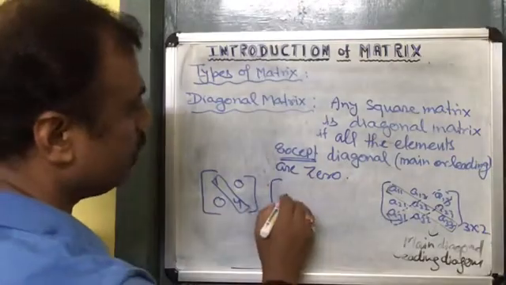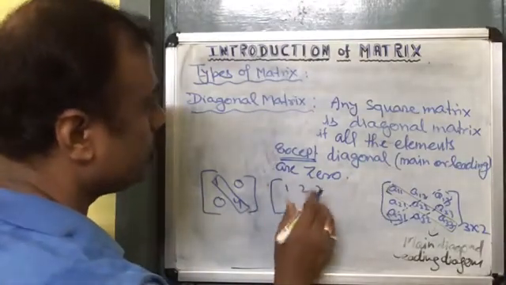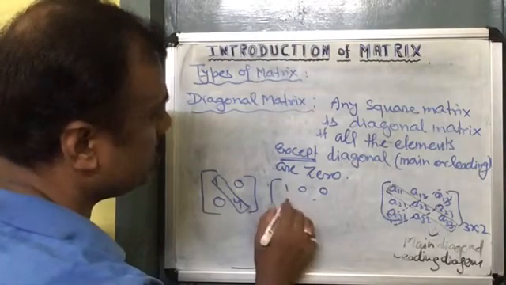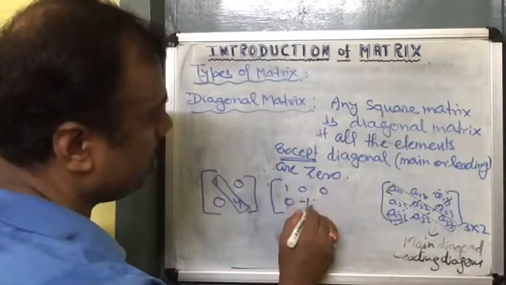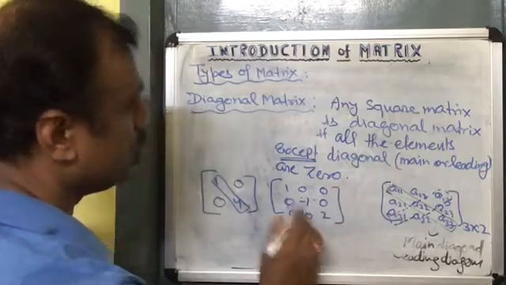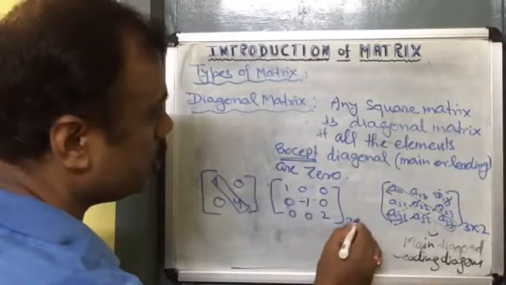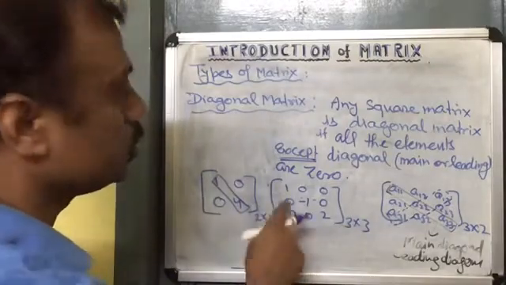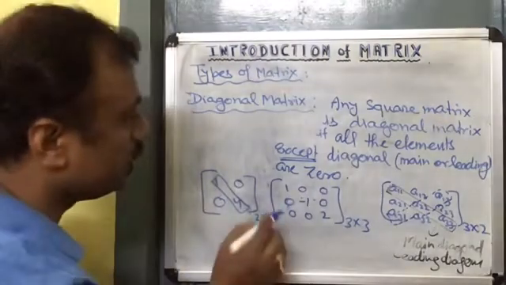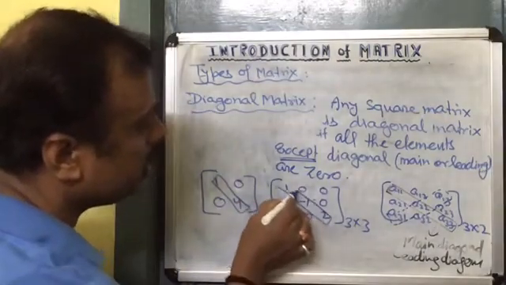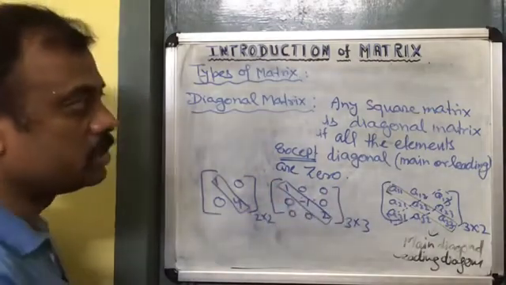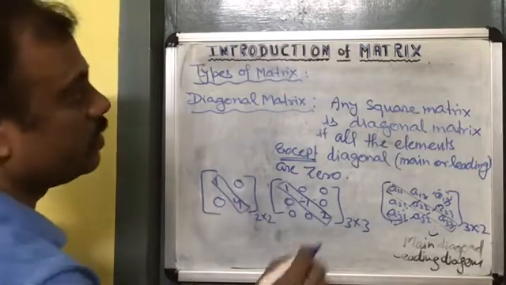I can also have 1, 2, 3 with the off-diagonal entries 0, and the diagonal -1, 2. What is the order? 3 cross 3, 2 by 2. So these are examples of diagonal matrices, in which the elements at the main diagonal or leading diagonal are not 0 and the other elements are 0.